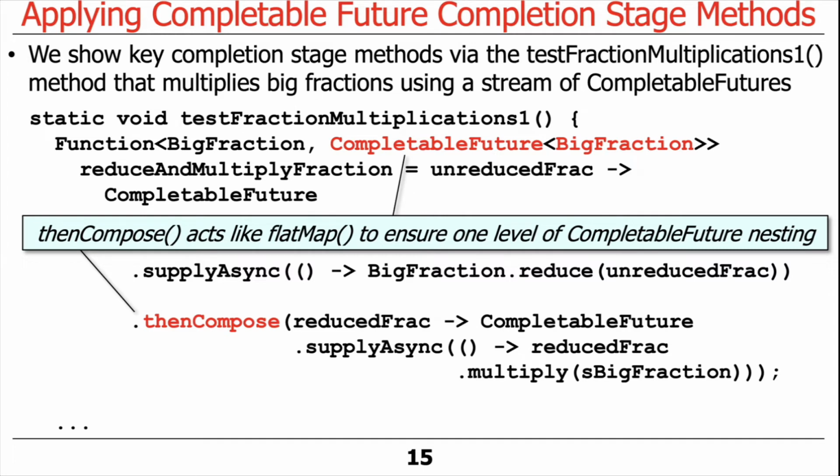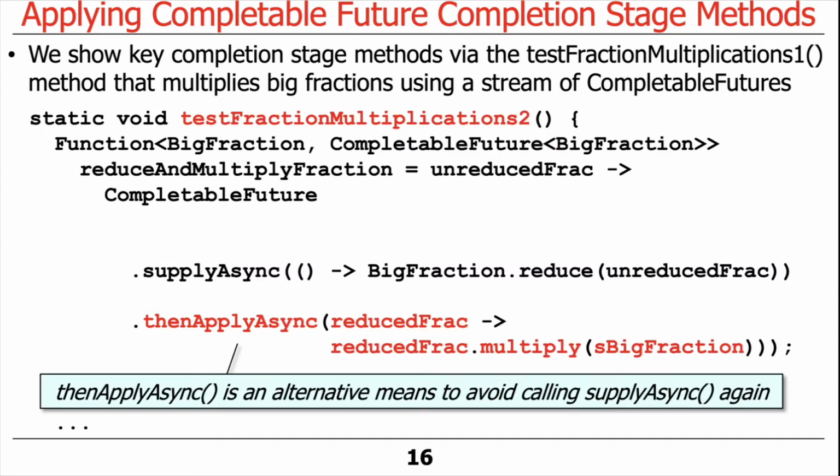But another way to get the same thing done is to use thenApplyAsync, where we give it an action to run, which in this case is going to multiply the reduced fraction with the big fraction constant, and thenApplyAsync is going to end up doing that in another thread in the thread pool, but we don't have to call supplyAsync directly.